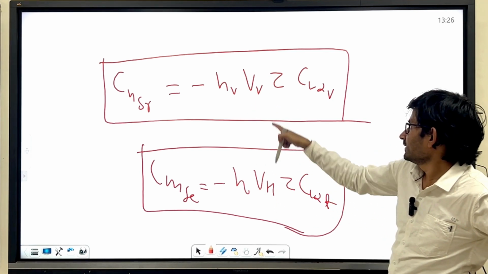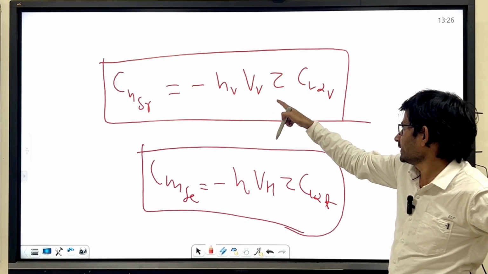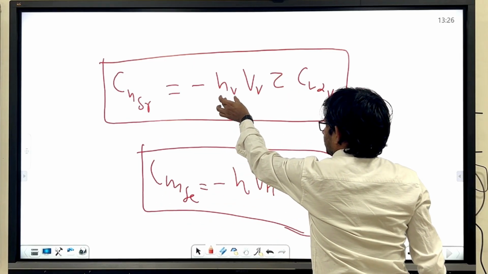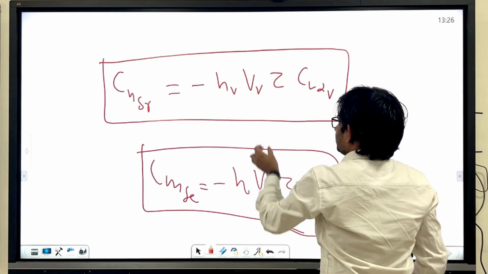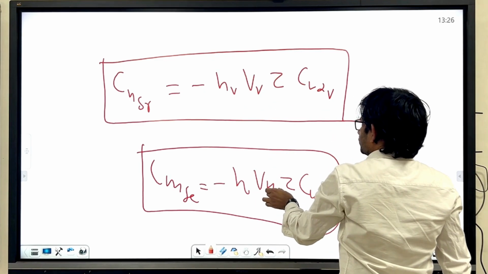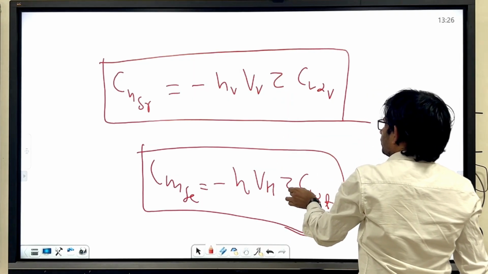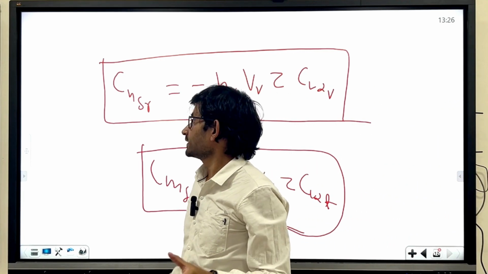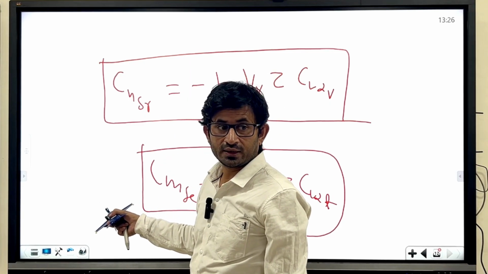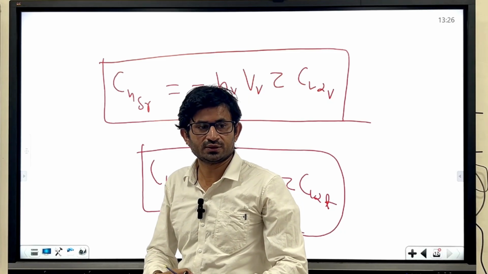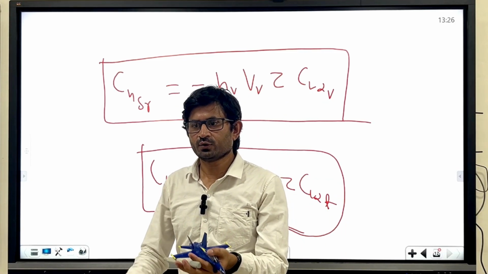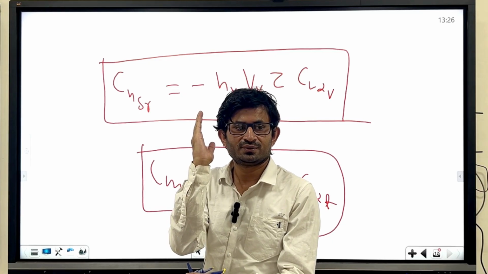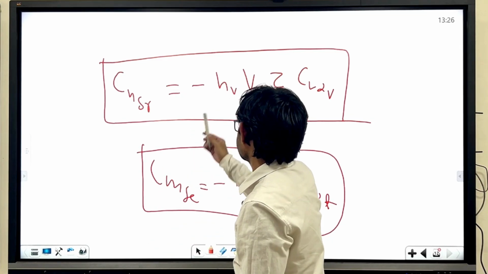Eta V, tail efficiency factor; volume ratio, tail volume ratio; tau; lift curve slope. This is the control derivative. Only in that case it is the horizontal tail, and in this case it is the vertical tail. So you can think of it in that way, right? The expression is the same.